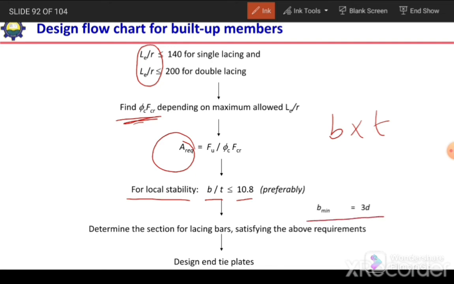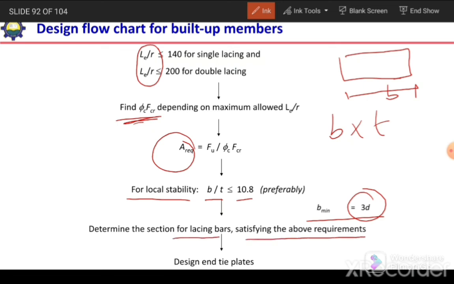We also need to satisfy that B minimum should be more than 3D. So if we are using a rectangular bar, then B should be more than 3 times the diameter of the rivet.